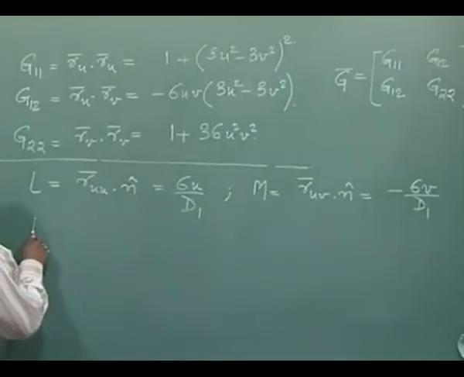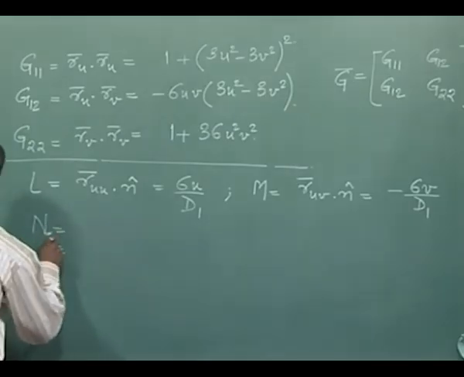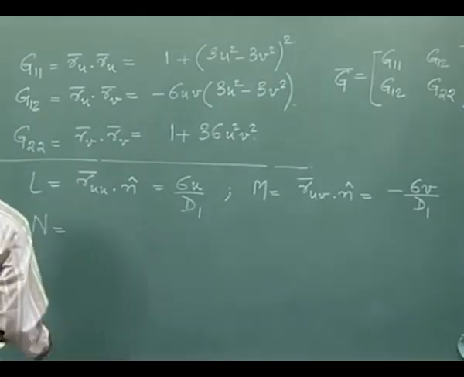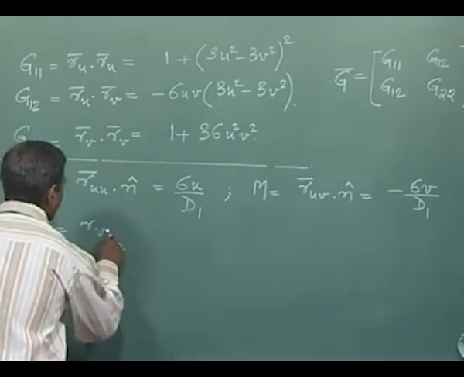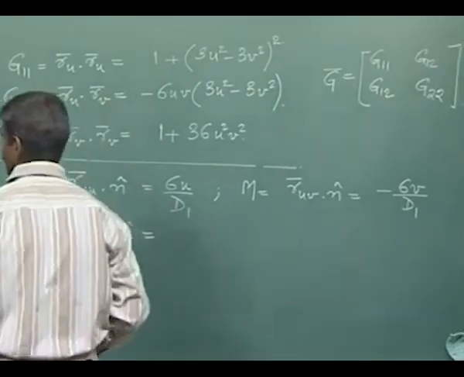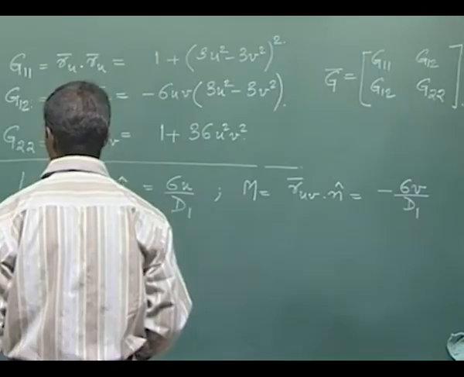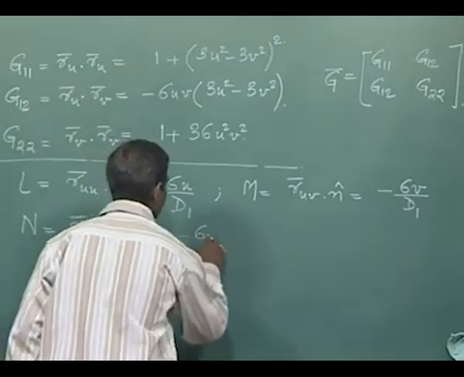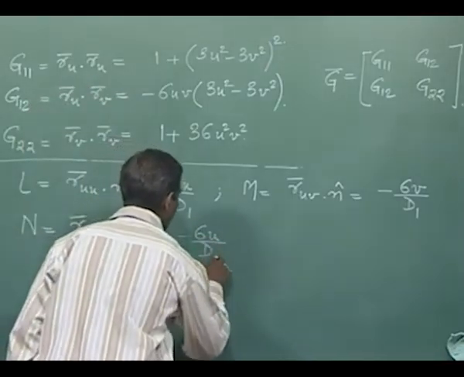And the third element N is Rvv dotted with N, which is equal to minus 6u over D1.